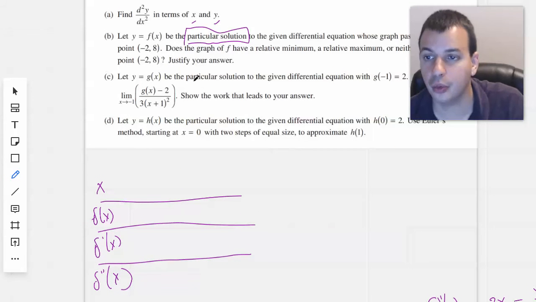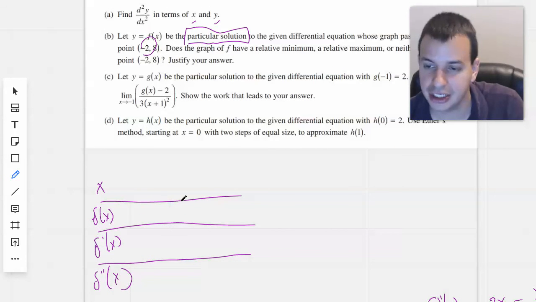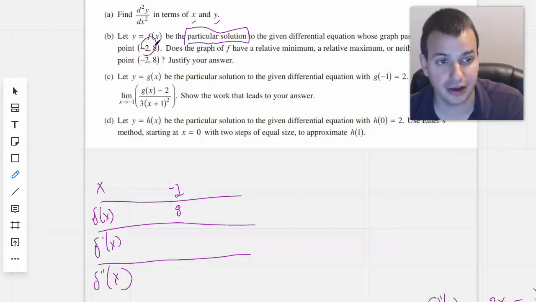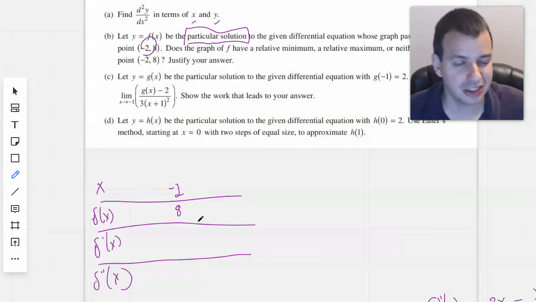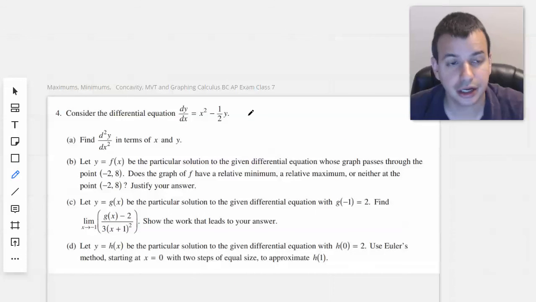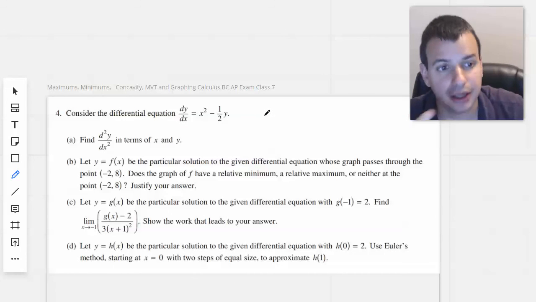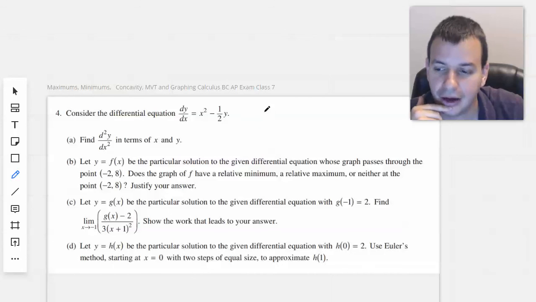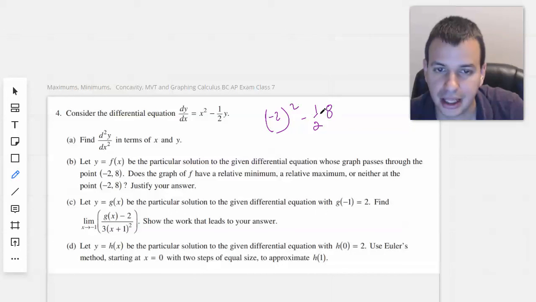And we know that the x point we're dealing with here is -2. When we plug that in, it gives us 8, because that's the y value, and f(x) is basically y. So we can take dy/dx here, plug in -2 and 8, and find out the value for f'(x). So we have (-2) squared minus 1/2 times 8.